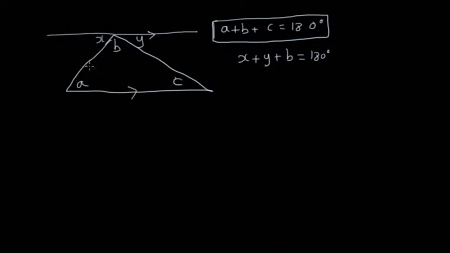Now we're going to apply what we've been learning about alternate and corresponding angles. So let's think A and X. I'm going to change the colour of my pen, actually I'm going to make a highlighter. And I'm going to change the colour of the highlighter just so we can see it better. Give it a nice yellow.